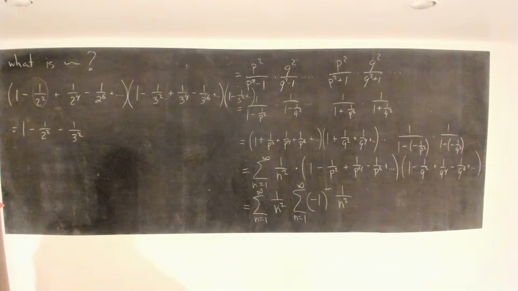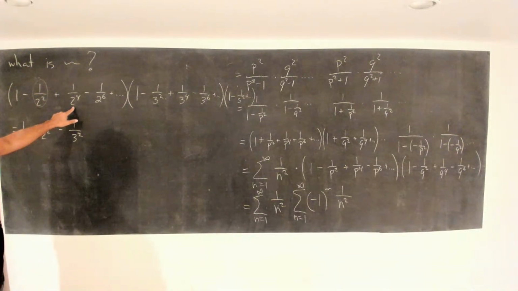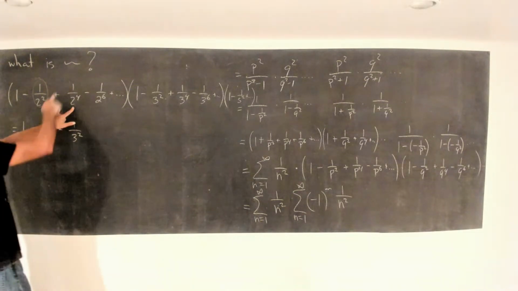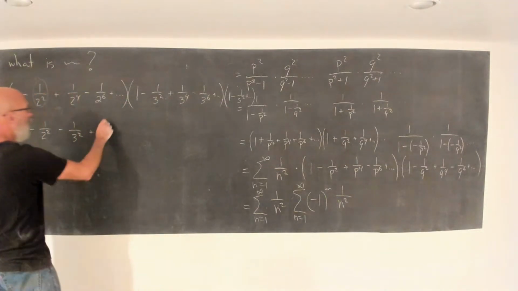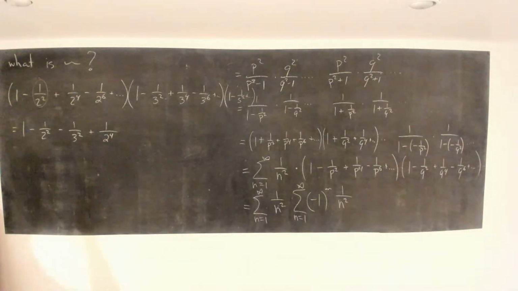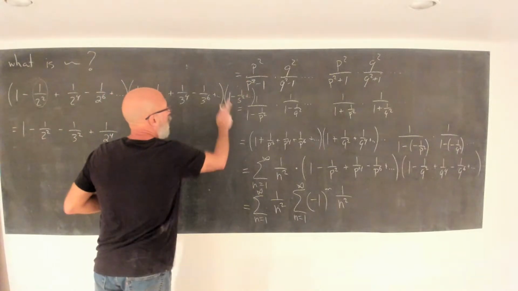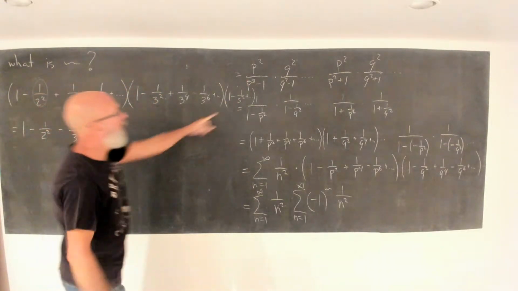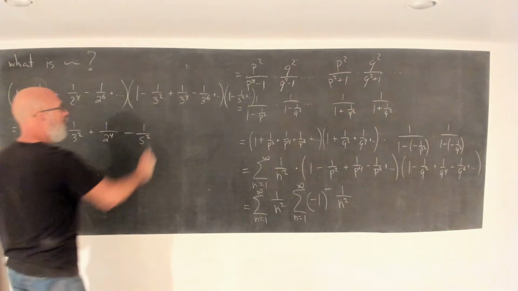And then the next smallest term is going to be 1 over 4 squared, or 1 over 2 to the 4, which is going to be positive, right? You get it by multiplying this with all the 1's. So 1 over 2 squared, 1 over 3 squared, 1 over 4 squared, 1 over 5 squared is here, which you get by multiplying this with 1s. So you get a minus 1 over 5 squared.